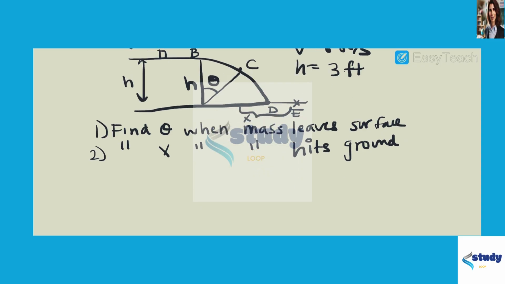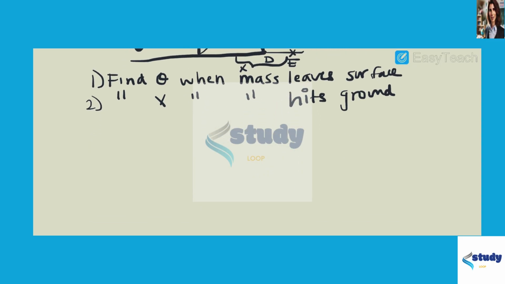So what we're going to do first is find the angle at which the mass leaves the surface. We're assuming that at this angle, the mass barely contacts the surface, so only the weight is actually acting on the mass itself. So we're going to draw a free body diagram of this mass at that theta.